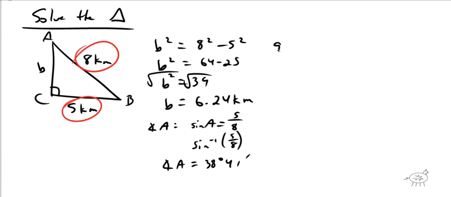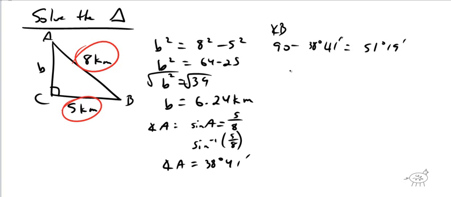I could say 90, so this is angle B, I could say 90 minus 38 degrees 41 minutes. Okay, again, there's always a risk. But yeah, I could do that. Truly, if you subtract, you get 51 degrees 19 minutes.